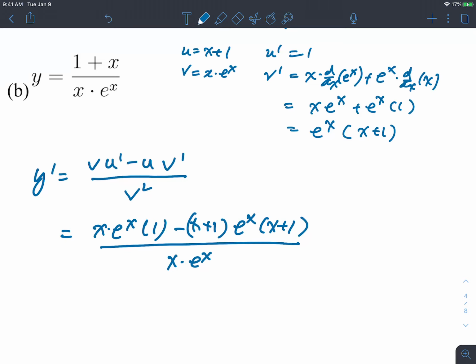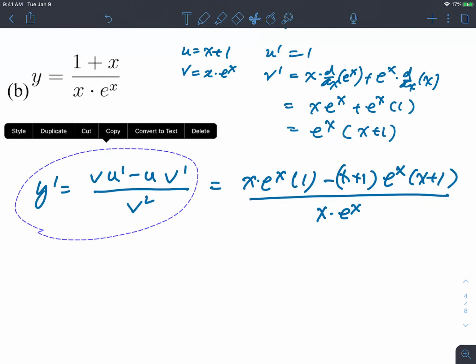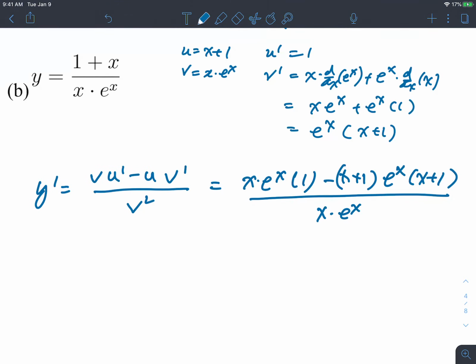We're literally done with the calculus portion. That right there, guys, is the calculus, and from this point it's just algebra. Actually, the algebra portion is more difficult than the calculus portion. We got e to the x over here, so let's factor that out, and we end up with e to the x times (x plus 1) minus (x plus 1) squared over x.